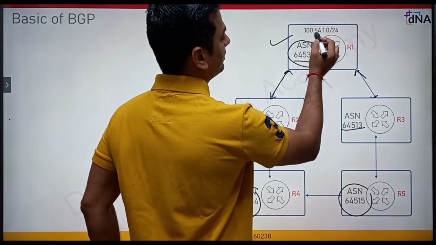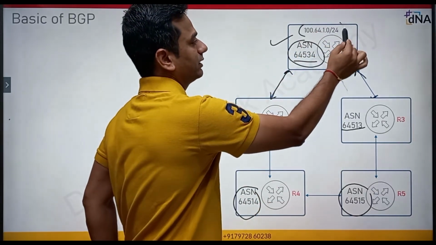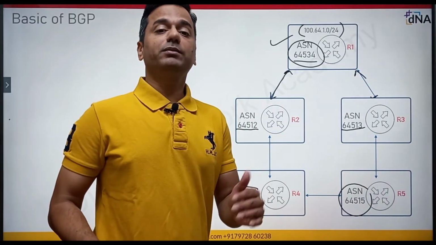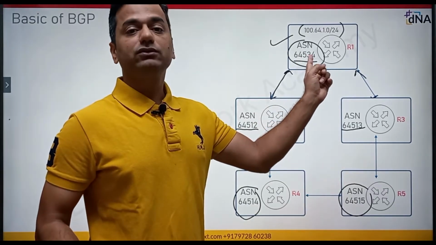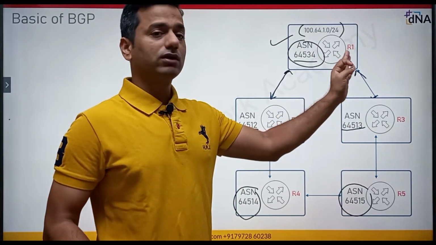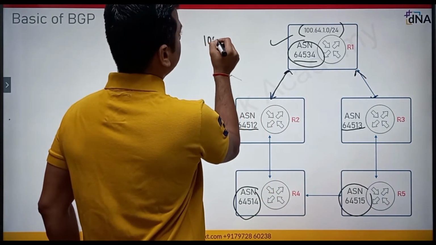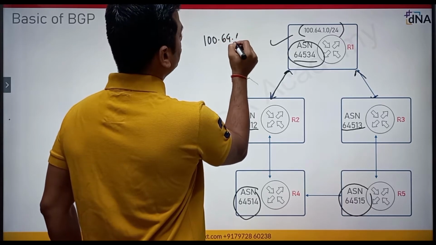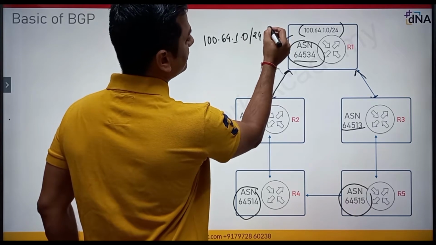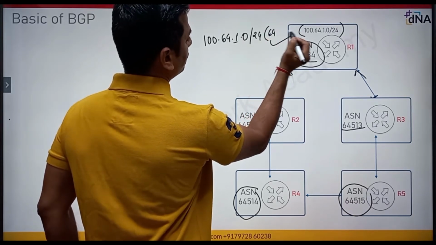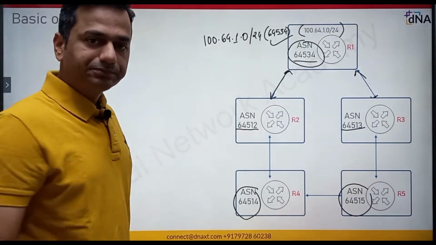So now consider when I say path vector routing protocol. Let's consider 100.64.1.0. This is my network, and this is now advertised by ASN 64534. So what will this router R1 do? Simply, when R1 sends routes to its neighboring AS, it will add its AS number 64534, right?